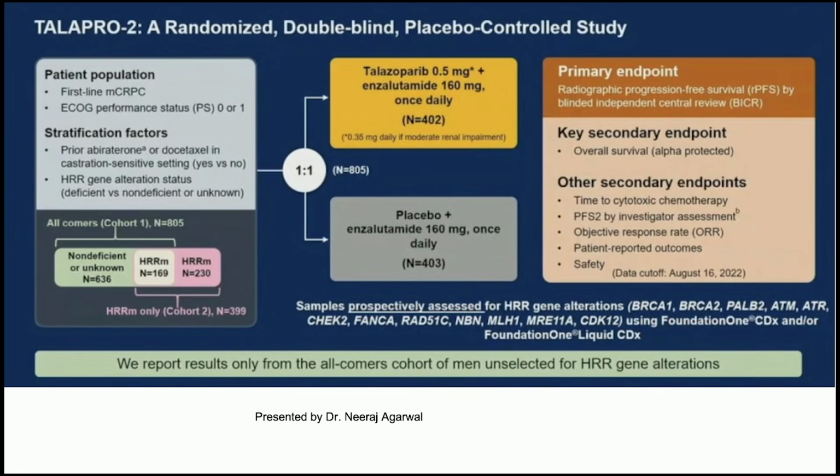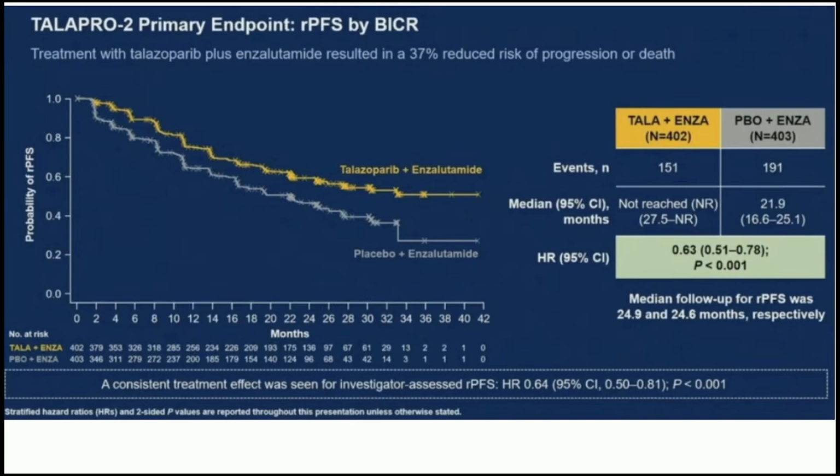TALAPRO-2, different PARP inhibitor, different anti-androgen. Again, we don't know the questions about cross-resistance in these situations. Talazoparib plus enzalutamide versus placebo plus enzalutamide. Again, patients were stratified based upon prior docetaxel in the castration-sensitive state and the HRR gene status. Primary endpoint was radiographic progression-free survival. Secondary endpoint, OS.